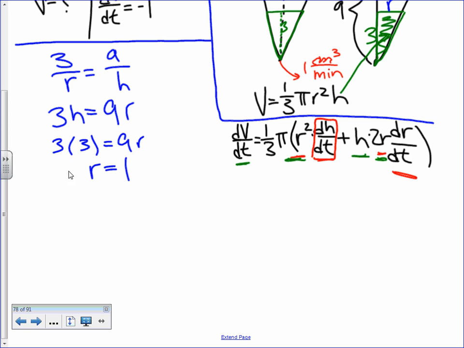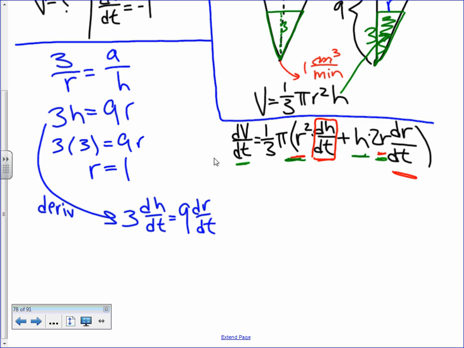Because if I go ahead and take the derivative of this, and I'll do this down here, I'm going to get 3 dh dt equals 9 dr dt. So this is a relationship between dr dt and dh dt.